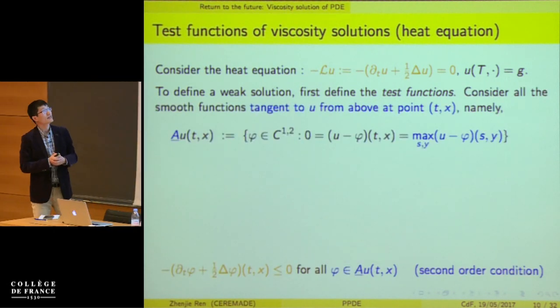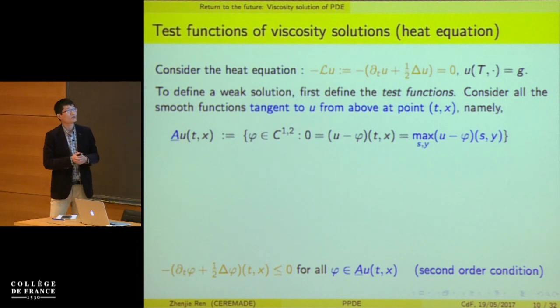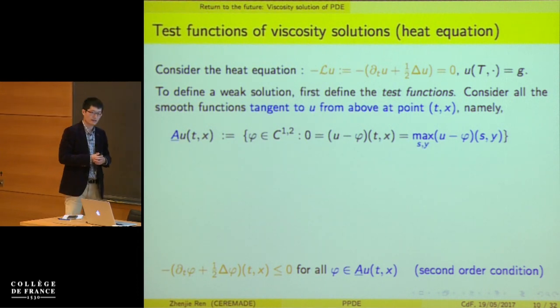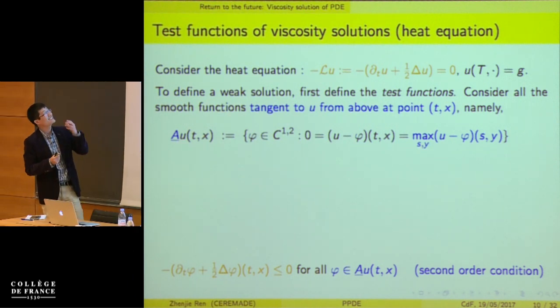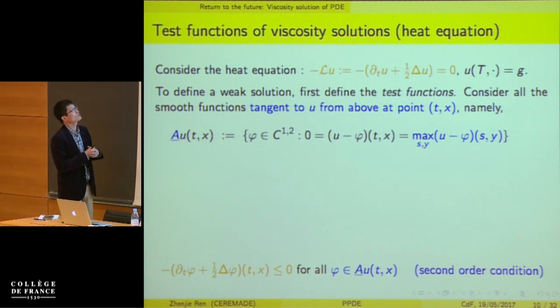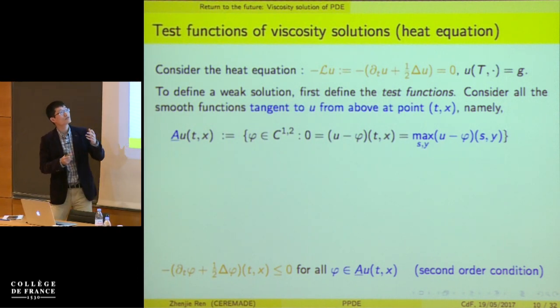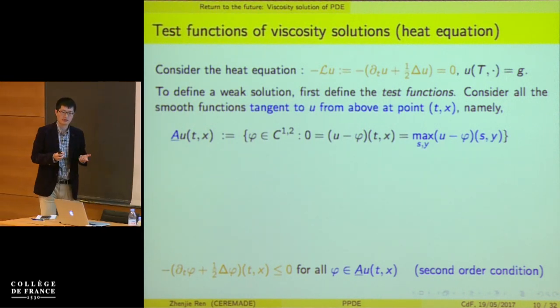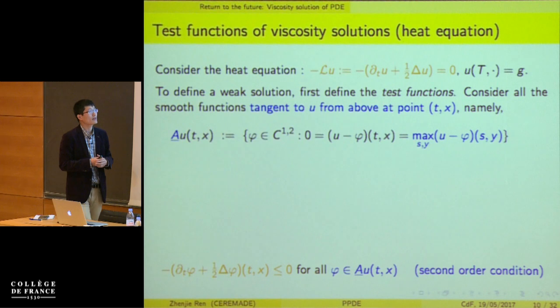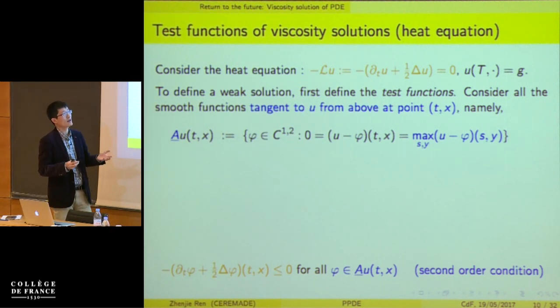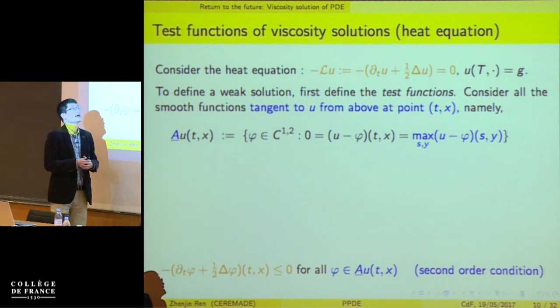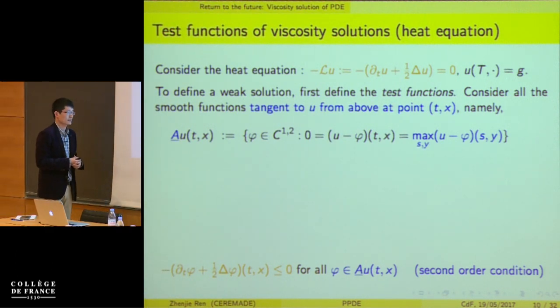Now we take one class of test functions noted as A lower bar. These are continuous, smooth functions tangent to u from above at the point (t,x). In other words, u minus the test function phi reaches its local maximum at the point (t,x).